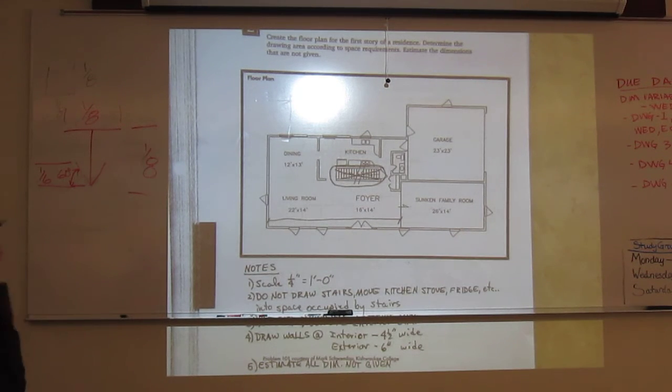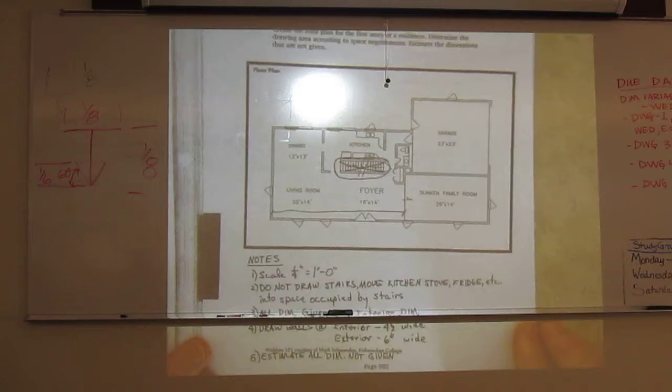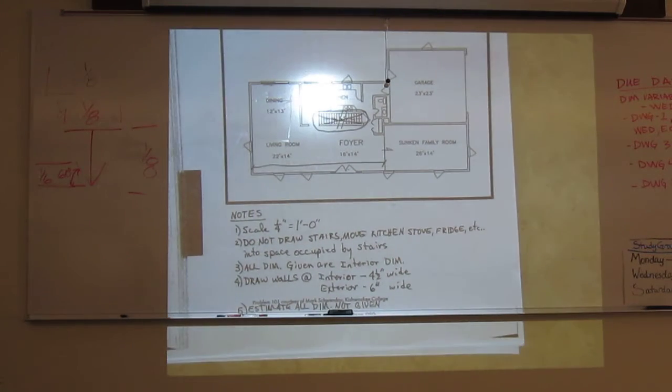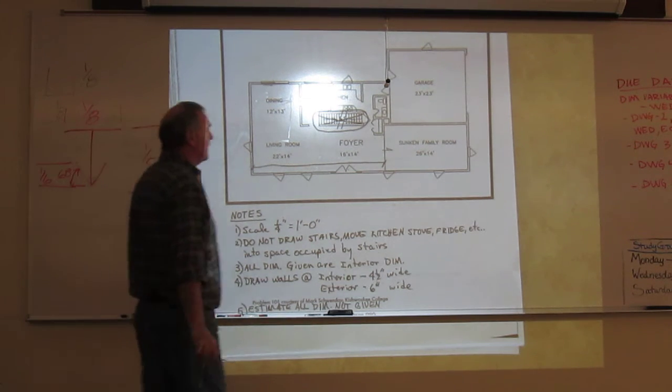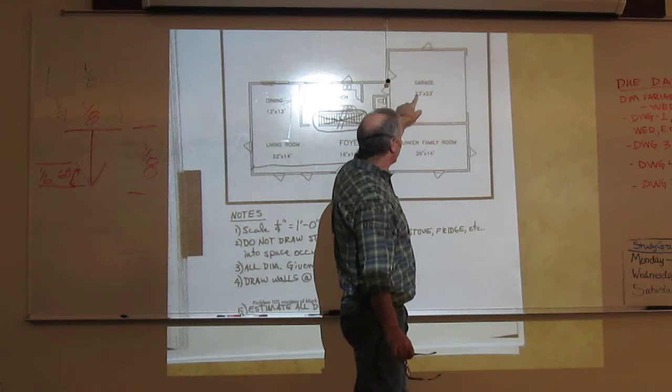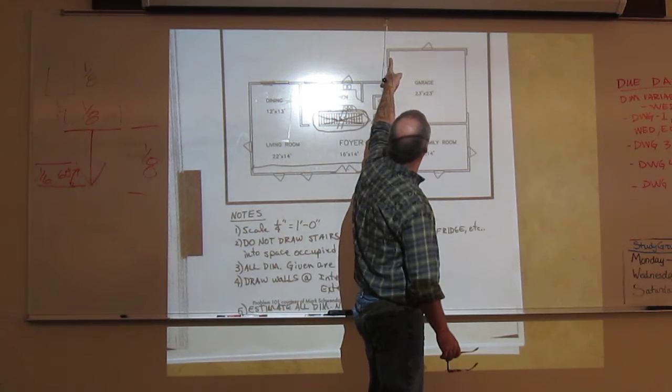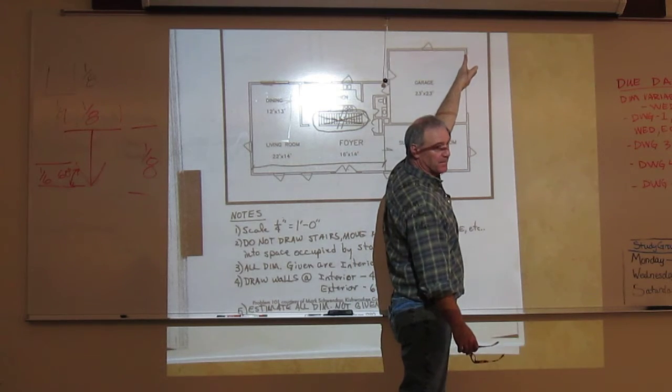All dimensions given are interior dimensions. So when I'm getting ready to draw the garage, it's 23 by 23. That's the dimension from the inside of this wall to the inside of this wall.